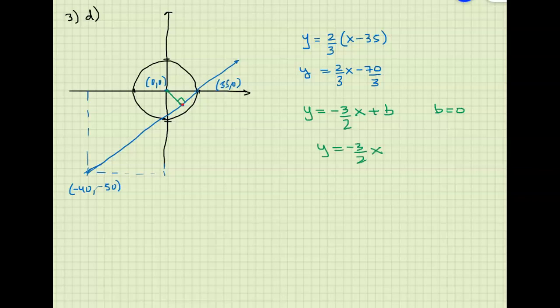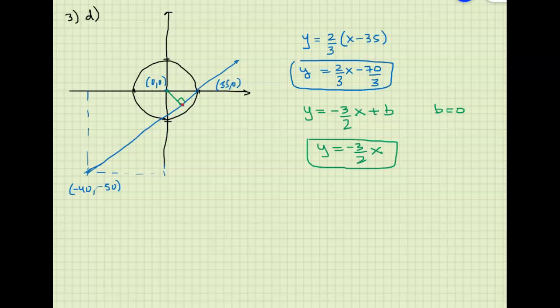So we have the equation of the path of the ball, and this equation gives the line that's the shortest path between the path of the ball and the center. Now to find this location, you set the equations equal to each other.